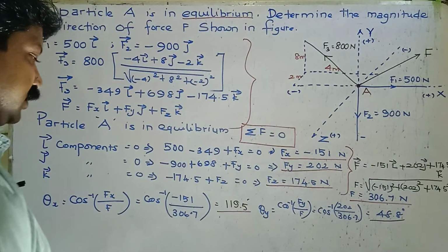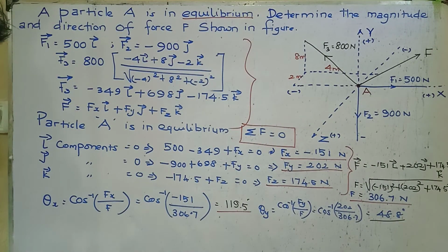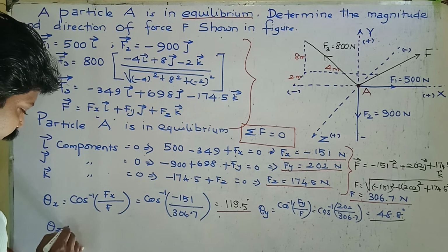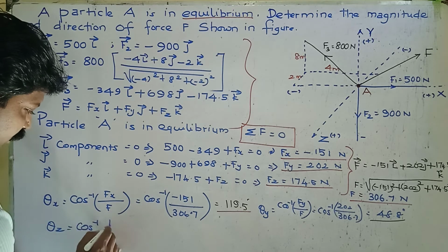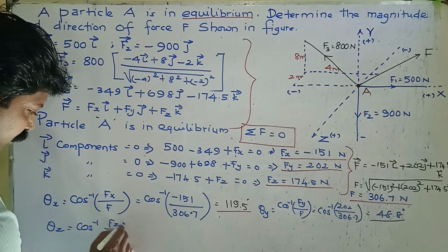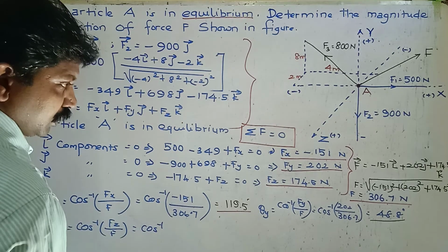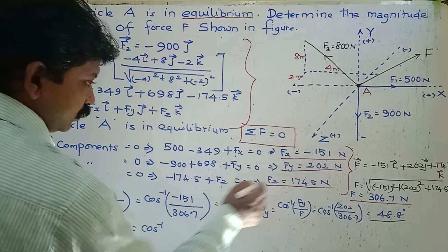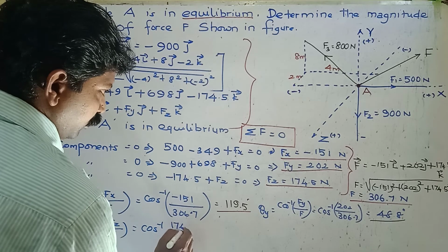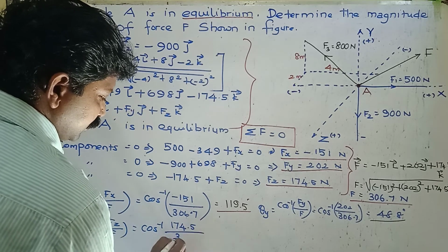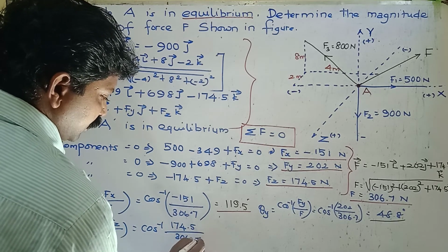And then theta z. How to find theta z? Theta z equals cos inverse of Fz divided by F. So cos inverse of 174.5 divided by 306.7.